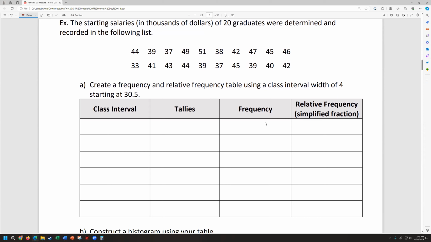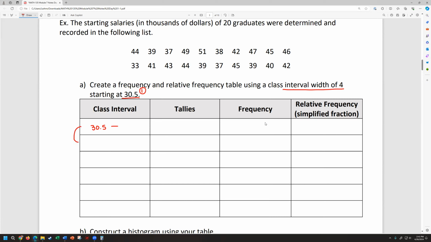Now, notice that the directions on the frequency and relative frequency table say we're going to have a class interval width of 4 starting at 30.5. This is the first thing you need to focus on. So you're going to put a 30.5 on that specific opening of that interval. Now, a lot of times people don't use the class width correctly.